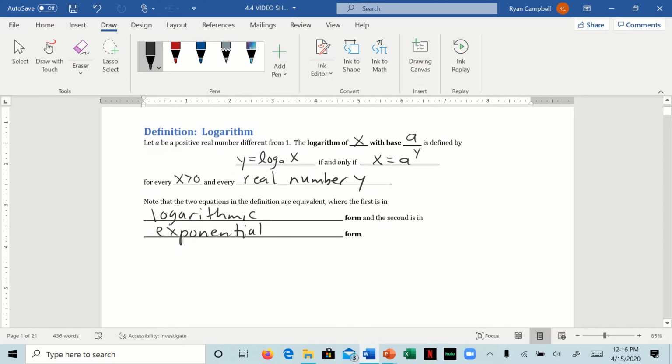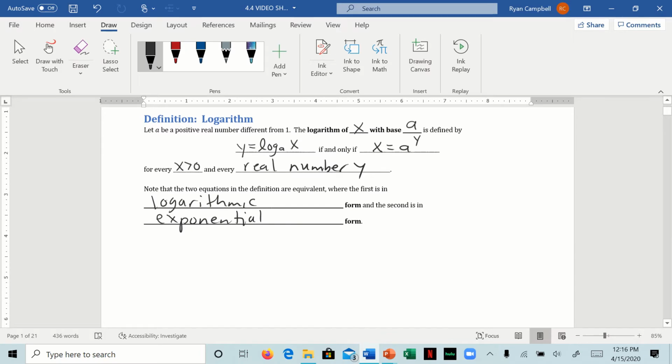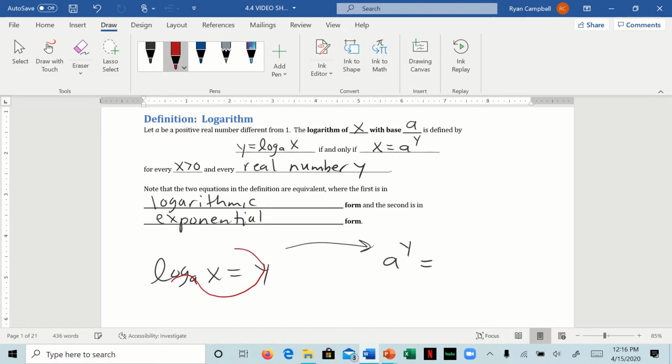Now, if you have any problems with this, one student once told me about something called the snail method. If we're going to convert that into its other form, get the log on one side, y on the other, and we're going to snail it up. So it's a, that's the first thing you hit, raised to the y equals x.